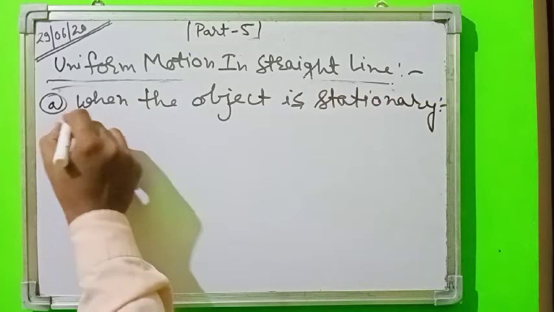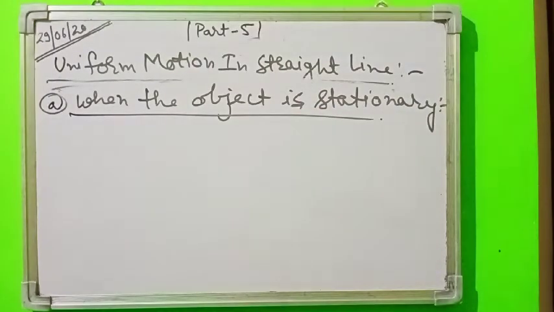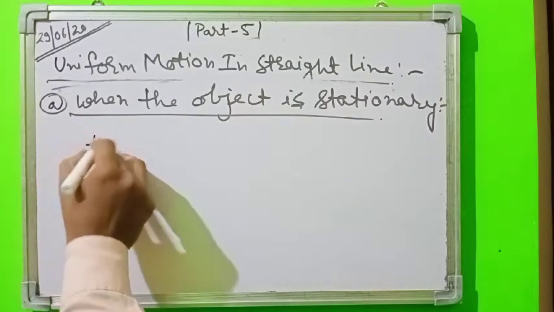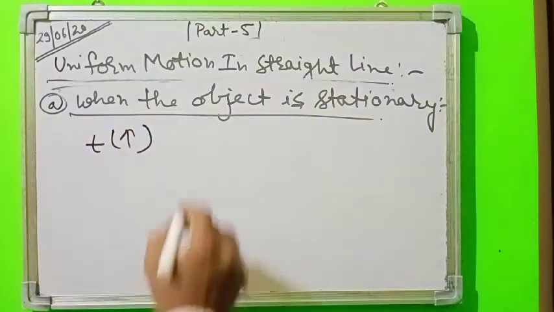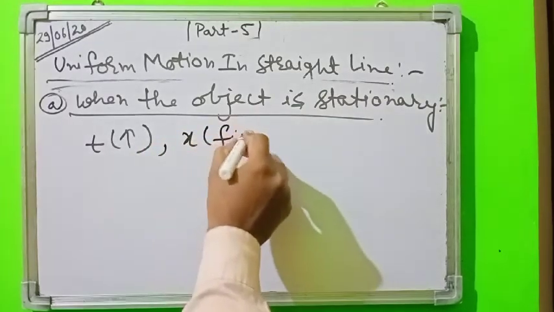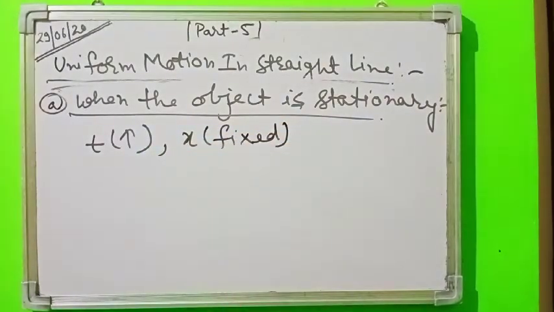If the object is at rest, it means that time is increasing and distance is fixed. The distance of the object from the reference point is always fixed with respect to the increase in time.